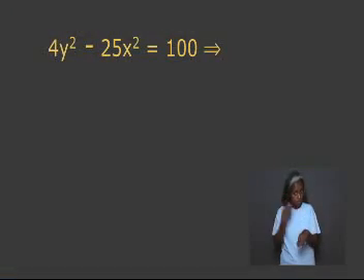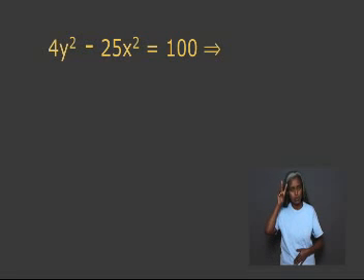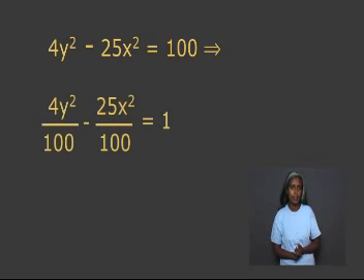To begin, the equation 4y squared minus 25x squared equals 100 is equivalent to 4y squared over 100 minus 25x squared over 100 equals 1.